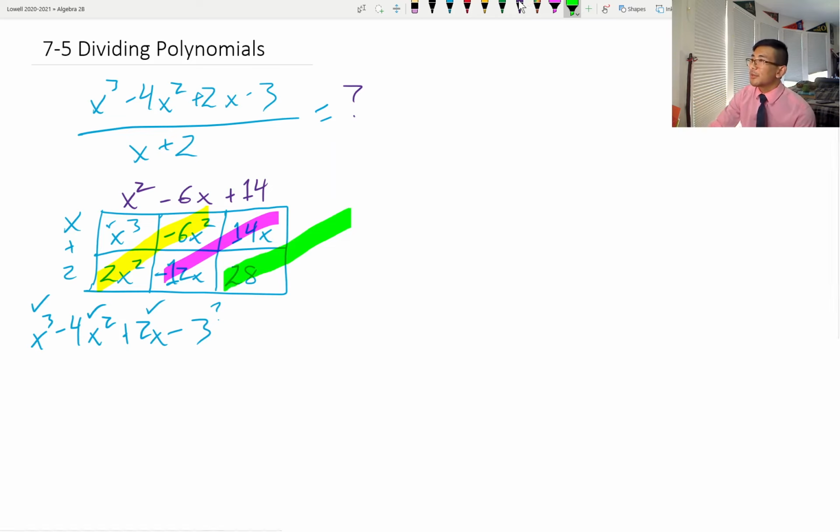So we're going to have to fill in another box right here and say, okay, I have 28 and I need to get to negative 3. So how much more do I need? I'm going to need negative 31. So that's what's going to be in there. That is your remainder. And we're just going to stop there, just like you would normally.